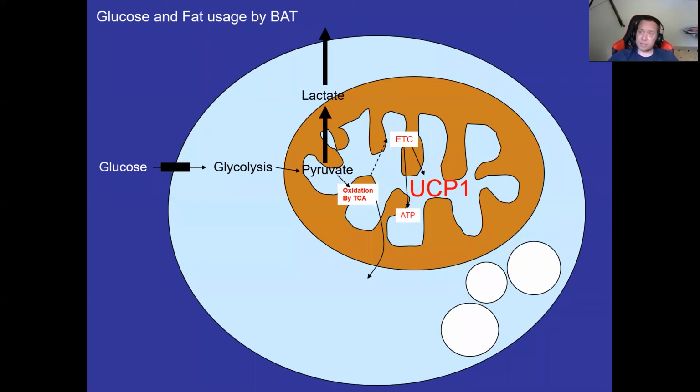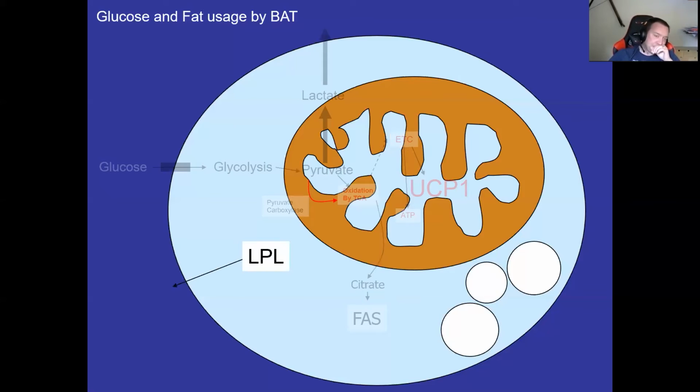In addition to oxidation in the TCA cycle, we can also get export of citrate, and this will ultimately be used by fatty acid synthase to make lipids. We need to replenish the TCA cycle if we take citrate out, so we use pyruvate carboxylase for that. In addition to glucose metabolism, we have fat metabolism, and brown fat takes up huge amounts of lipid.